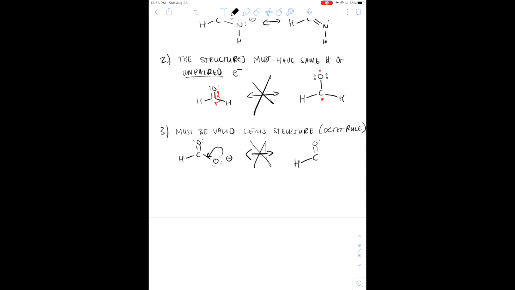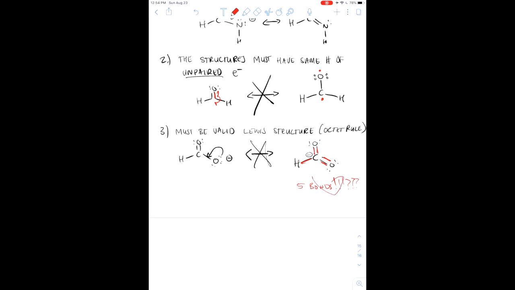We can't do this one either, because if we did place the lone pair to create another carbon-oxygen double bond, we would have way too many bonds for carbon, right? We would have 5 bonds to carbon, and that gives it a negative charge, obviously, but carbon can't handle that many electrons. It does not have the ability to have an expanded octet. It's not in row 3, and it doesn't have d orbitals.